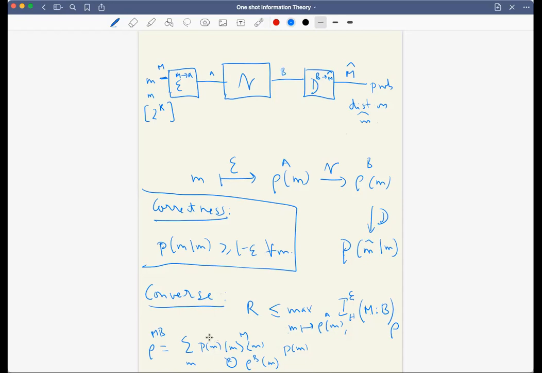Definitely, an important case is when I put the uniform probability distribution on messages. But the statement as it stands is correct, and this is very similar to the achievability formula also. The achievability will basically be this minus some log 1 by epsilon kind of additive factors.